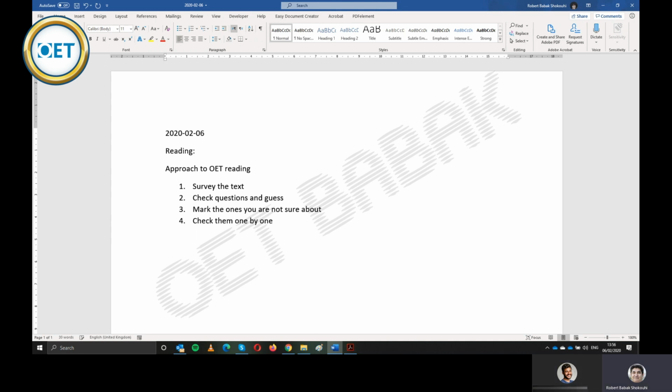So what is the next part? The next part is the next set of questions. Basically, read the questions in section 2 and mark or highlight the keywords.